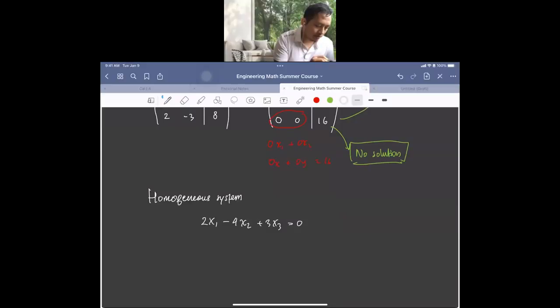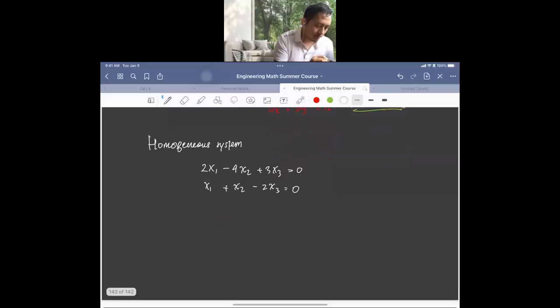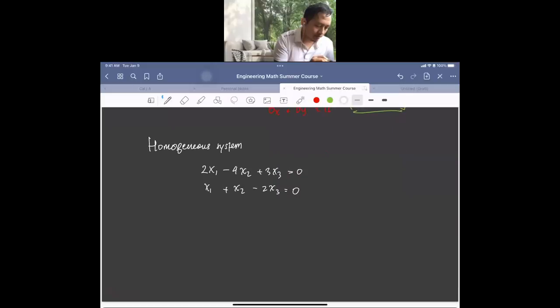You can use xyz if you want also, but let me just write x1, x2, x3. Okay, this is what we call the homogeneous system. The right side is all 0. Okay, now we can write 2, negative 4, 3, 1, 1, negative 2, and then the right side is 0, 0.